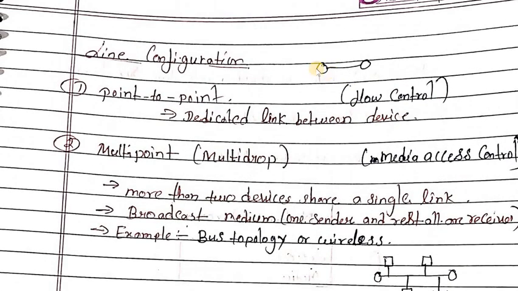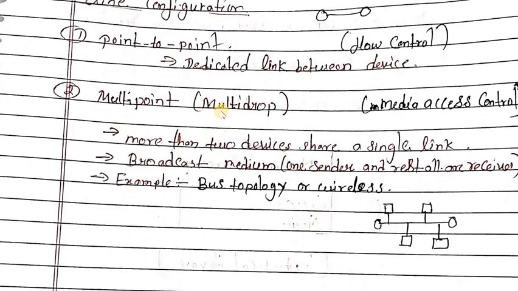In flow control, there is one transmitter and one receiver, and data is transmitted from host to receiver and receiver to host. There is no other host on this link. Point-to-point means one host and one receiver.